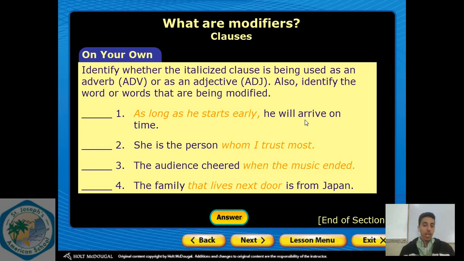It's behaving as a modifier for the verb cheered, so it's an adverb clause. The last one: the family that lives next door. Which family? The family which lives next door. Excellent, you did a great job. It's behaving as an adjective clause. So here are the answers.